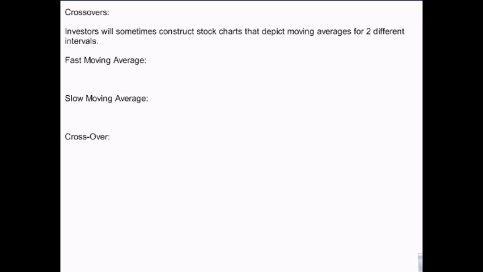And so what you have is what's called a fast moving average and a slow moving average. And the fast moving average is the shorter time interval. So if you were talking about a 10-day and a 3-day, the 3-day would be fast. And then the slow moving average is the longer time interval.